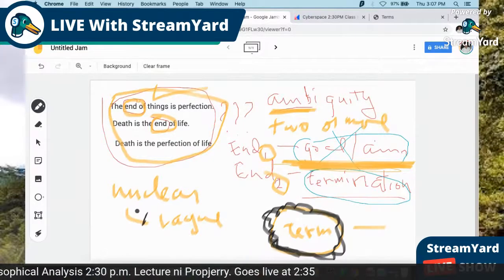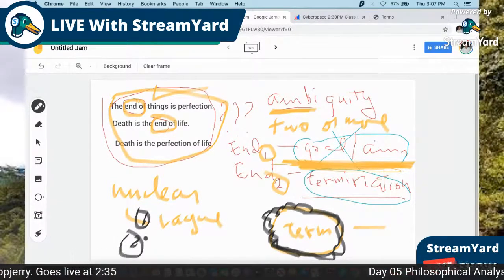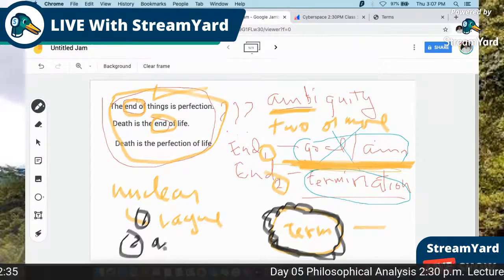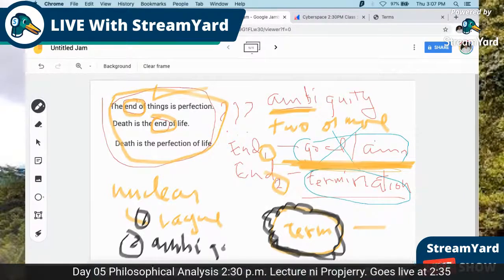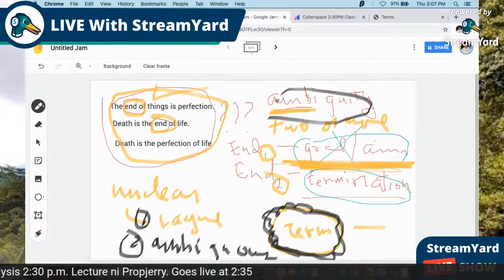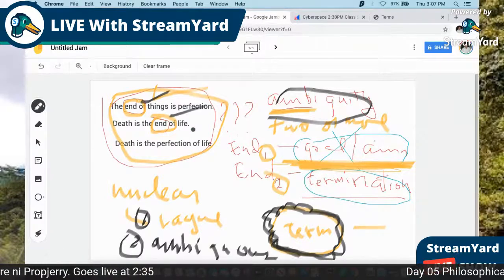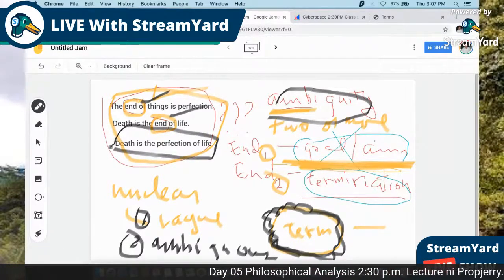And then, what's the other one? The other one is, of course, as we now point here, ambiguous. Your term can be ambiguous. There you go, ambiguity. 1, 2.